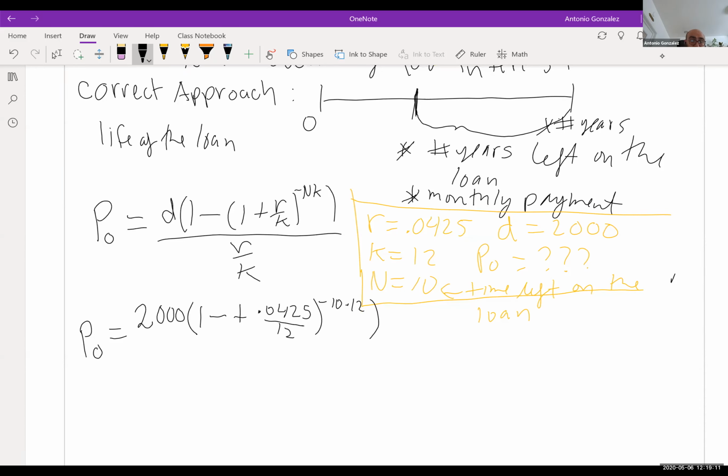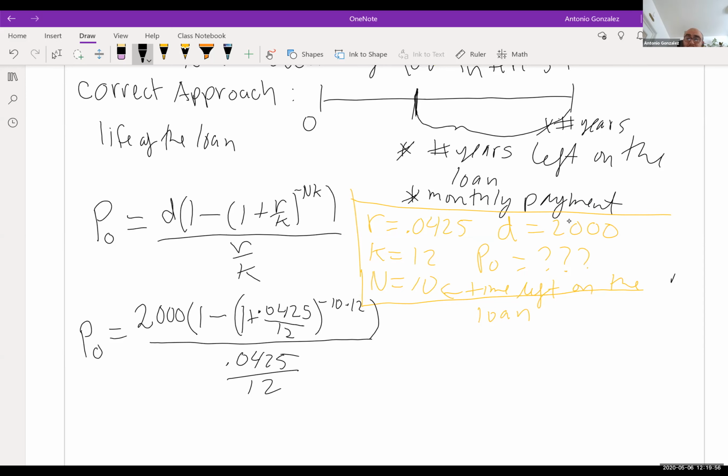Close my parentheses, all over 0.0425 over 12. Theodore, do you have a question? Oh my goodness, yeah, sorry. I think I did 1 plus. Okay. All right.